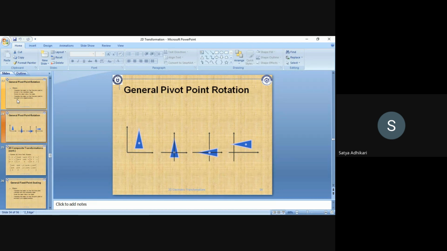Now the pivot point is changed to the origin using translation. Once it is translated, you rotate it with respect to the origin. It is easy for us. We have a translation matrix formula. How to translate, you know. So now you rotate. Suppose it is rotated 90 degree anti-clockwise. Now you rotated. You see the third image.